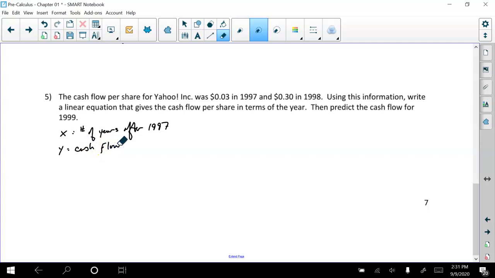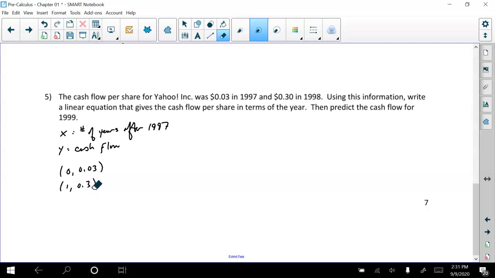So now, if we're starting in 1997, that can be year number 0. And our share price was 3 cents, so 0.03. In 1998, that's year number 1. And our share price was 0.3 dollars.